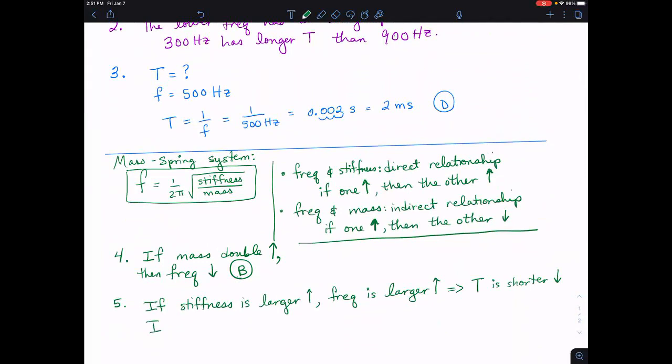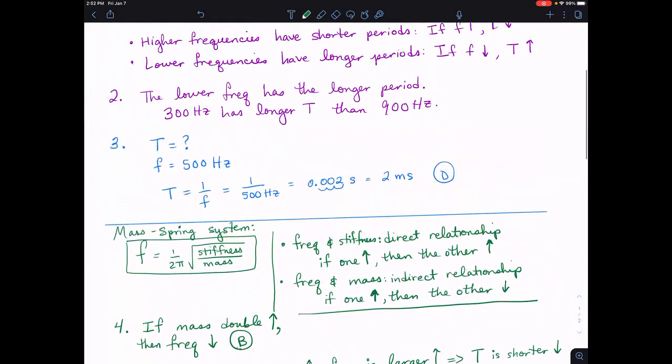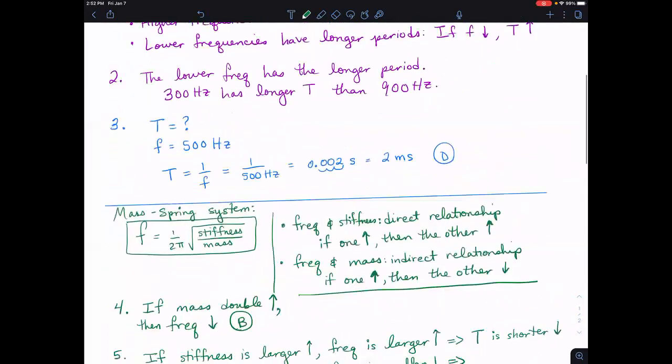Same idea, but if the stiffness is smaller, a less stiff spring, then the frequency is smaller or lower, because they are directly related. But the period is inversely related to the frequency, as we see up here, 1 over the frequency.